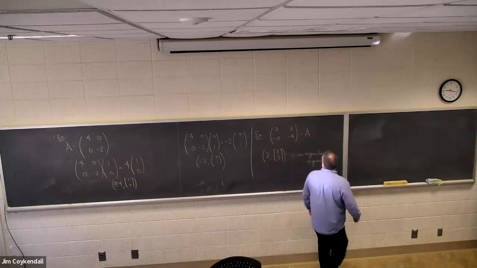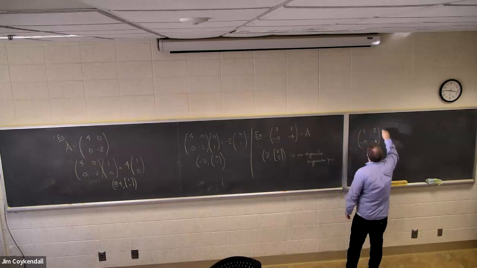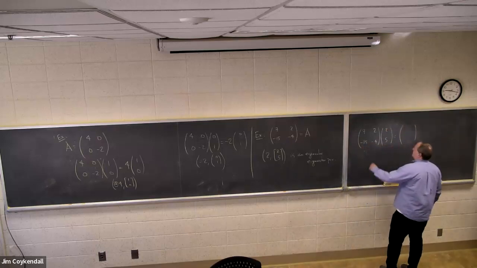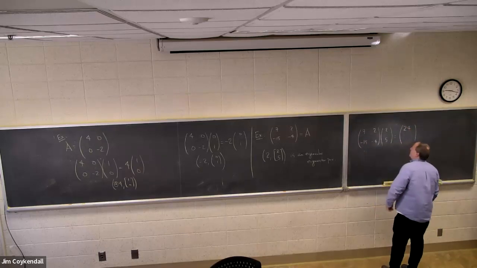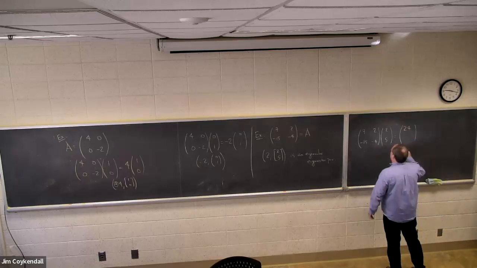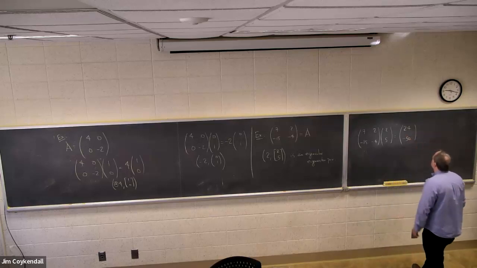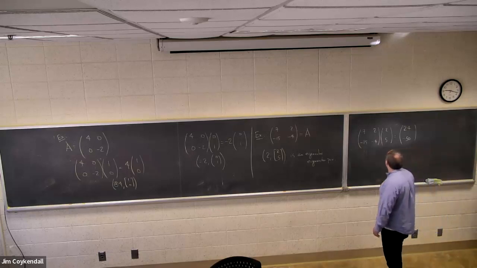If I apply 7, 2, minus 15, minus 4 to the vector 2, 5, this becomes 14 and 10 is 24, and this becomes minus 30 minus 20, so minus 50. Actually, something's wrong here.